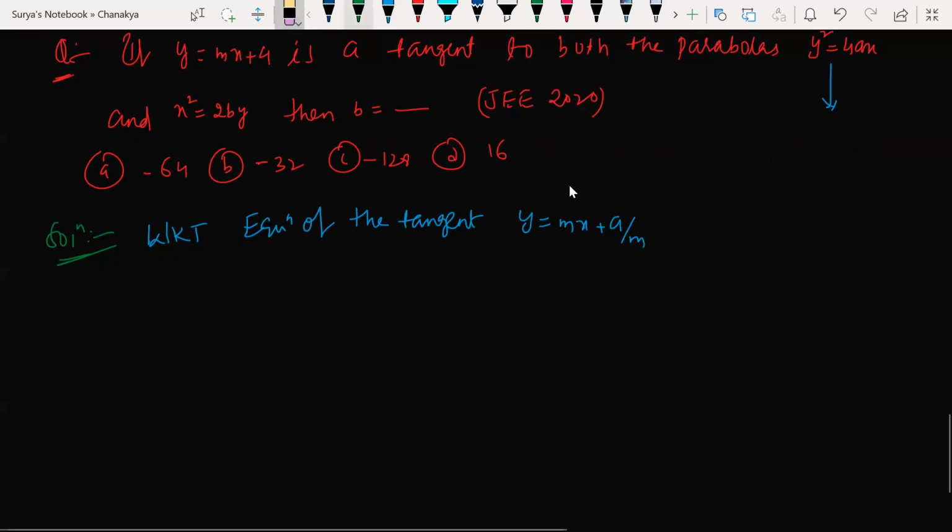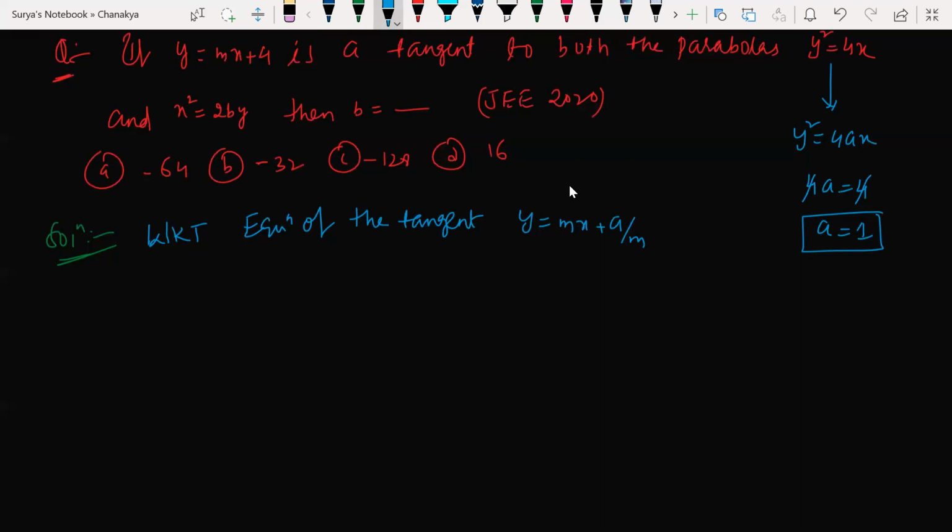In fact, this is not 4ax, it should be 4x. What is the value of a? If I compare the given parabola with y² = 4ax, then 4a = 4. 4 will get cancelled. The a value is 1 here.